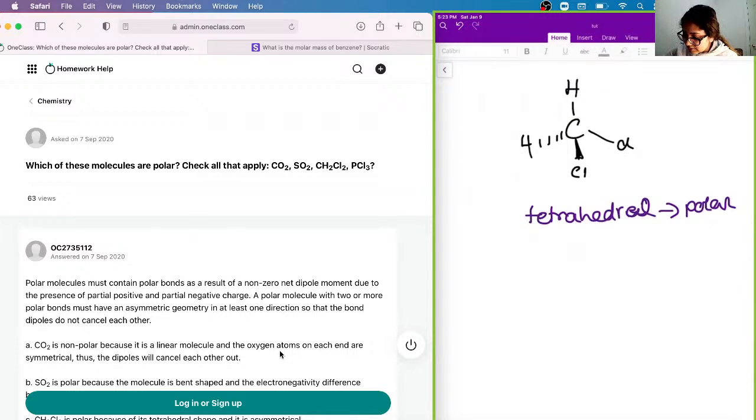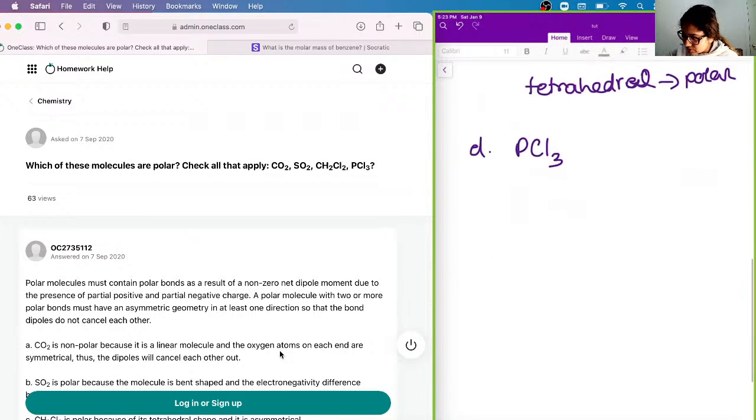So then our last one is PCl3. And so this is polar because of its trigonal pyramidal structure. So the way you would draw this is P with Cl. So this is the trigonal pyramidal shape, and so this is polar.